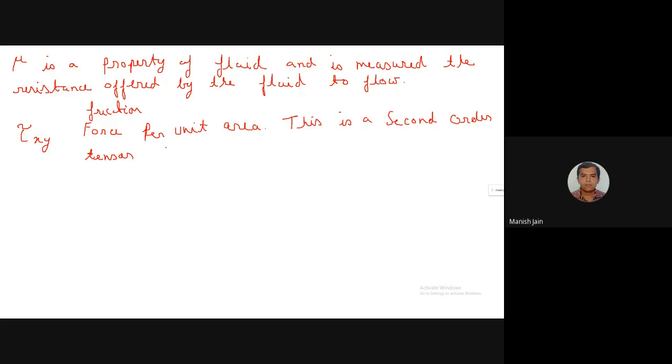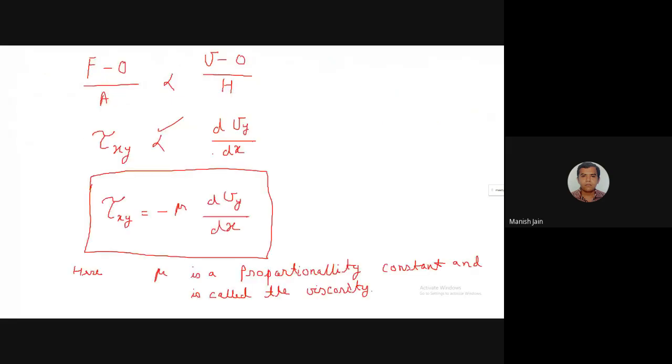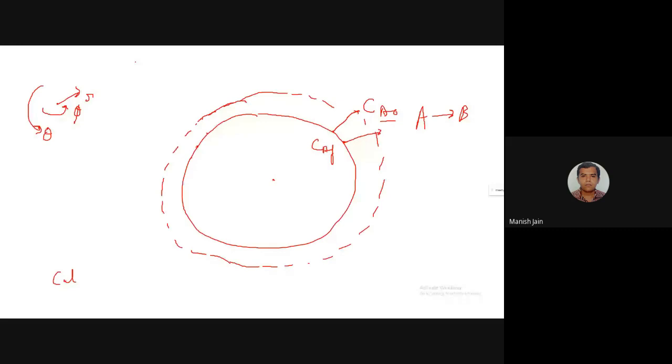It is possible that suppose fluid is flowing inside a pipeline. At one point you have pressure P1, at another point you have pressure P2, so pressure can change inside the pipeline. But at a given point, suppose this is a point A, the pressure in all directions will be the same. There is no preferred direction of the pressure at a given point. That's why pressure is a scalar quantity.